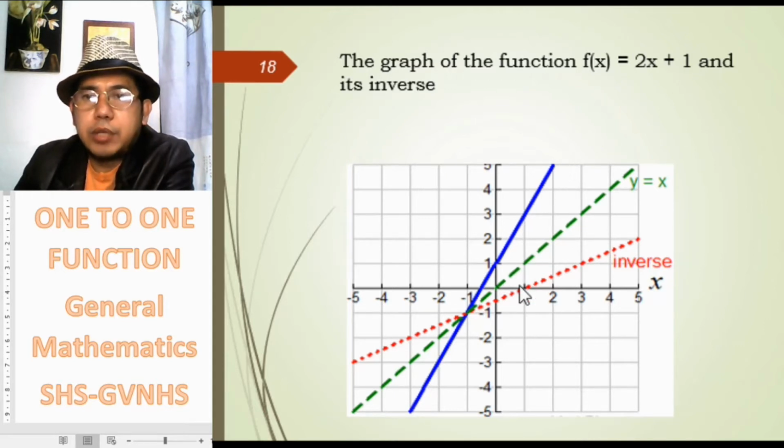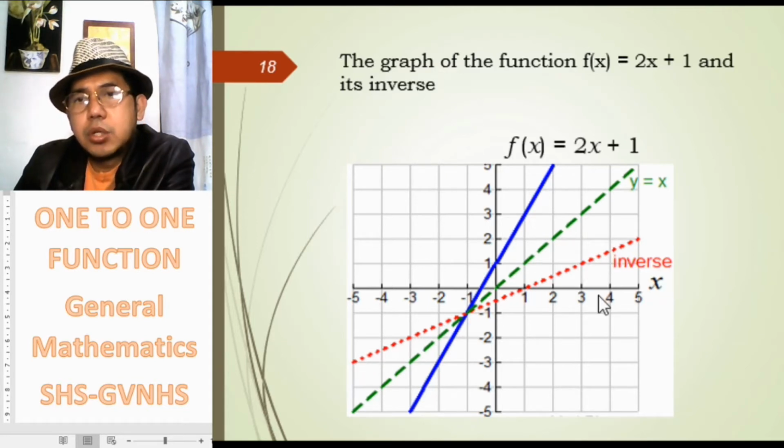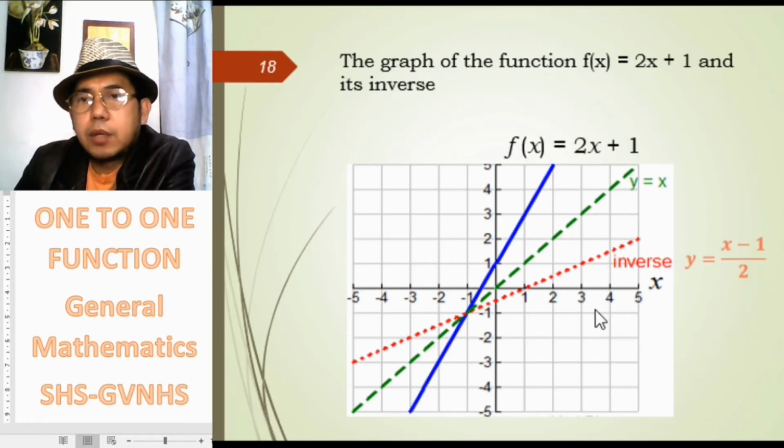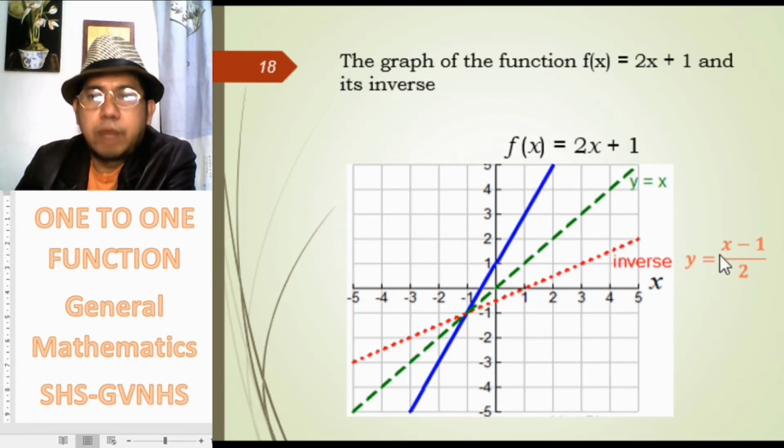And what about the inverse? The graph of the inverse is the red broken line. That is the original function, and that is the graph of the inverse function. This graph is the reflection of my original function, or vice versa.